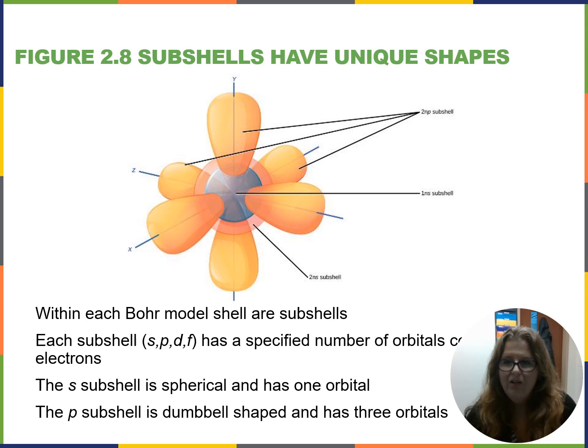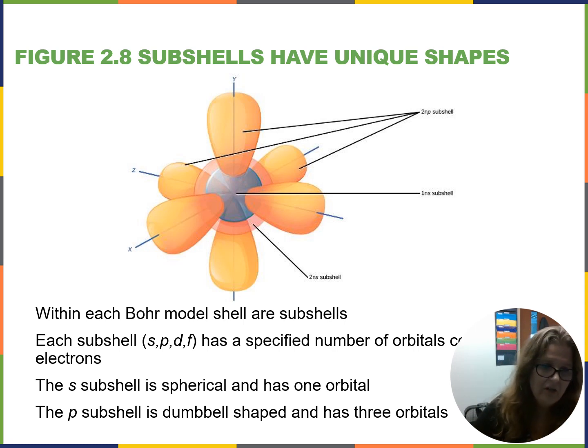So we have the S subshells. Within each Bohr model shell, the subshells S, P, D, F have a specified number of orbitals that contain electrons. So they can only hold so many electrons in there. The S subshell is spherical and it has 1 orbital.